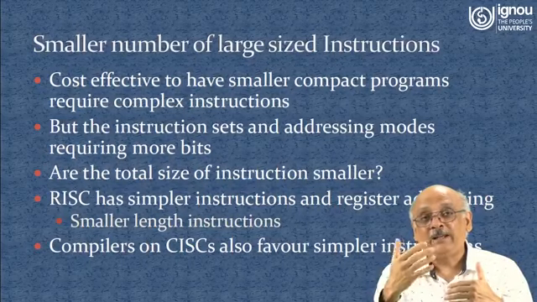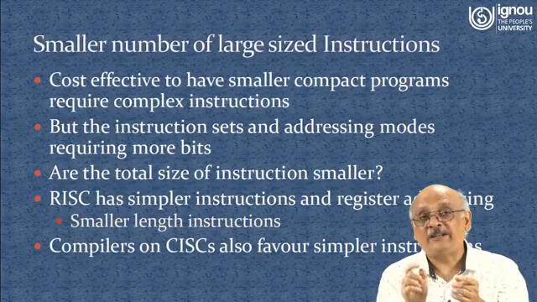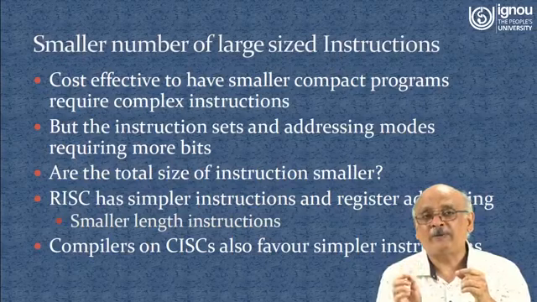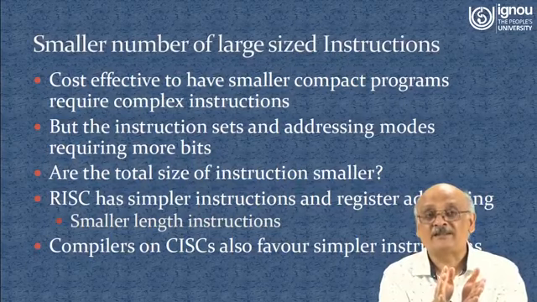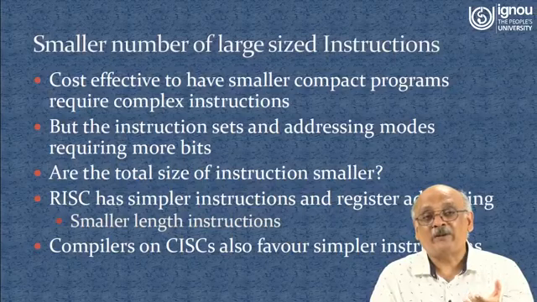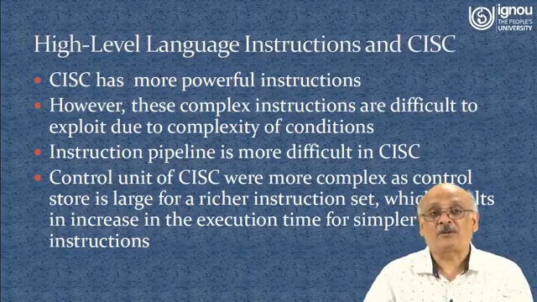It may not be utilized in the sense that the equivalent machine instruction to a programming instruction may require several constraints, several characteristics, several parameters which may not match as it is. Therefore, compiler designers were not favoring the complex instruction, but rather they were favoring the simpler instruction.